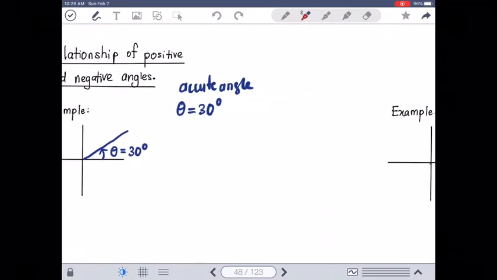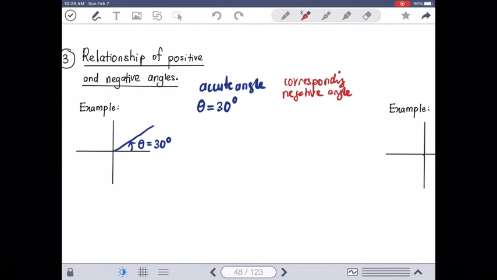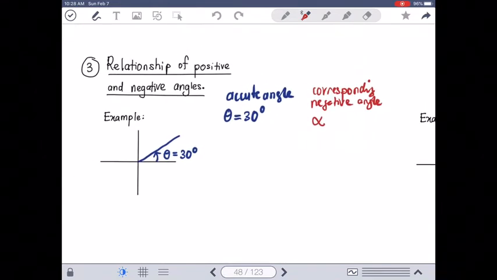Suppose that I have the corresponding negative angle for theta, for 30 degrees. I name this as lambda. So the corresponding negative angle is just this angle here.